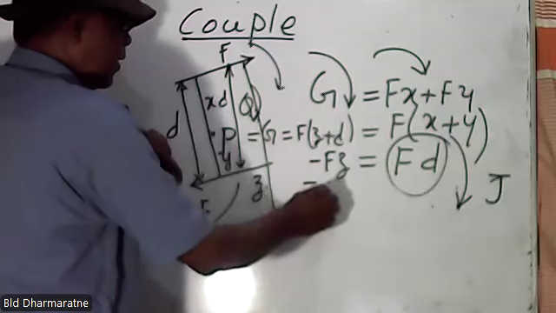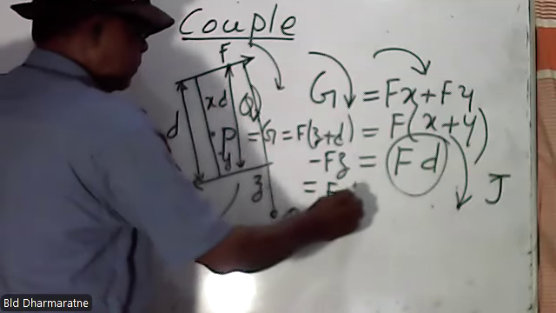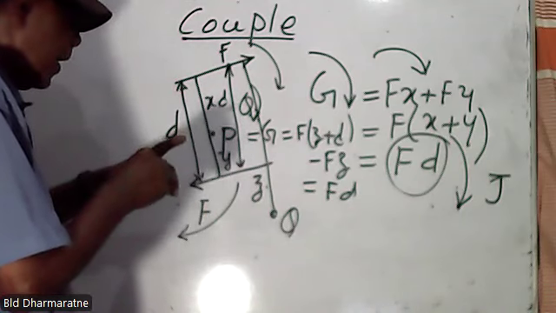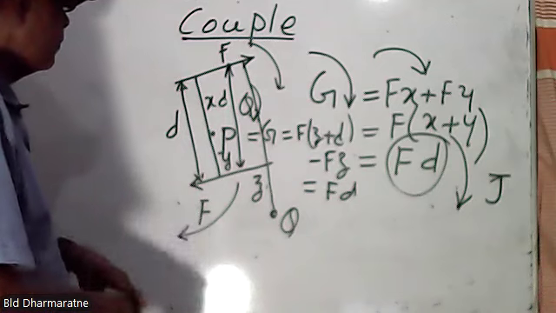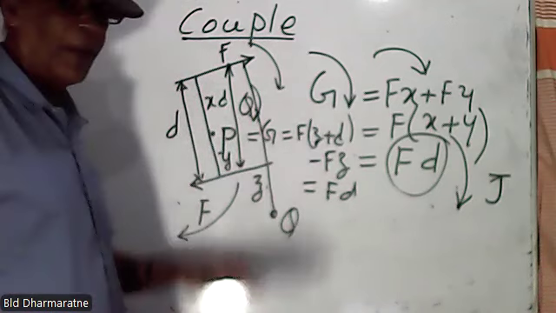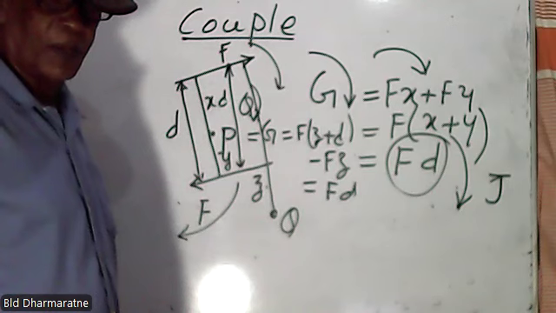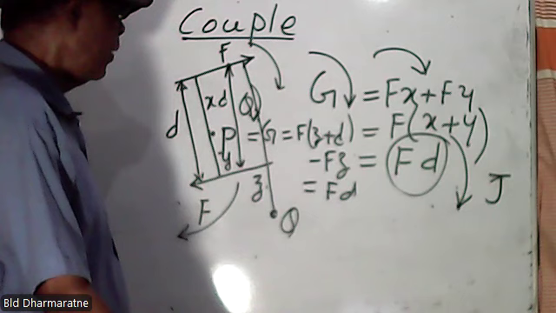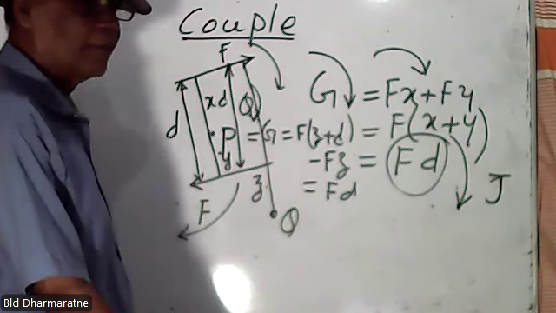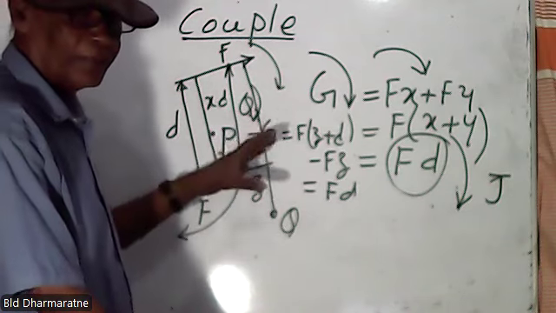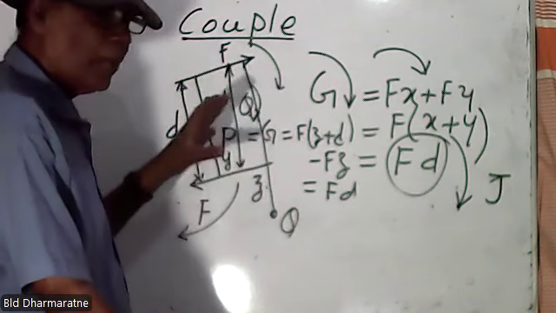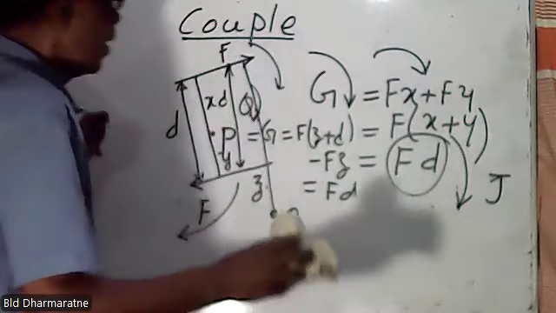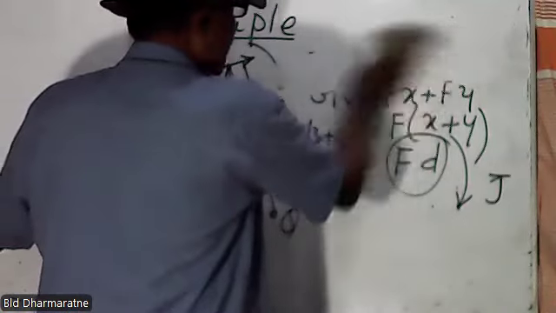After simplifying, we get FD. If we select any point in this plane, the moment is all the time FD. The couple moment does not depend on the selected point. That is constant. The couple moment of a given couple is all the time constant. That is a very, very important thing.